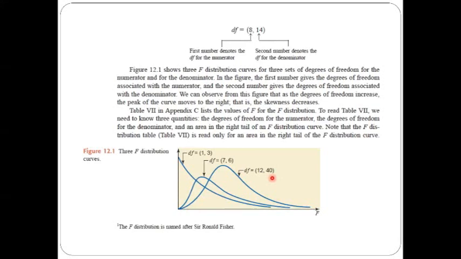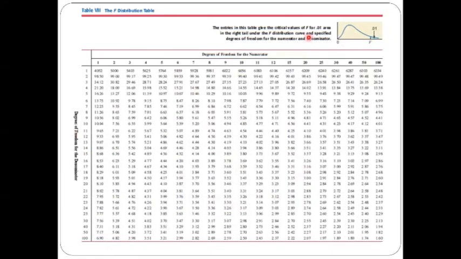And we have our table based on these. So we have the critical values. This is our first graph, which is for critical values of 0.01.